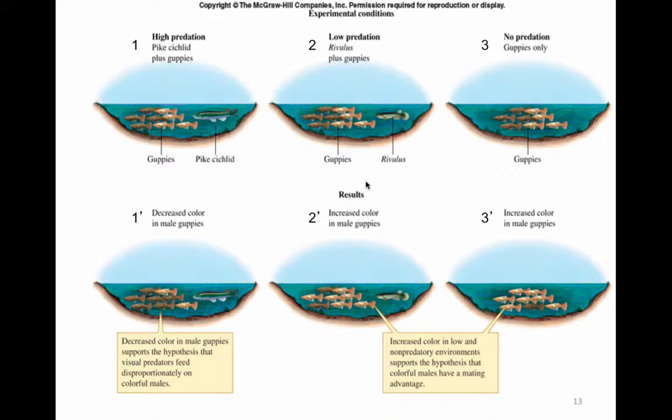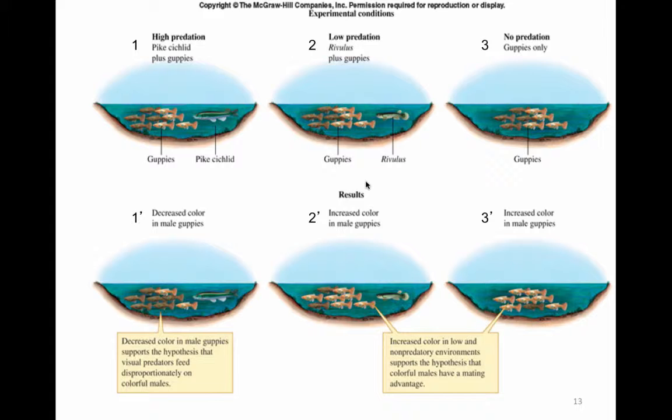In this experiment, guppies are studied to determine the impact of predation on guppy color. Guppies initially lived in 3 environments, which are represented by the 3 columns of the top row. 1. High predation.